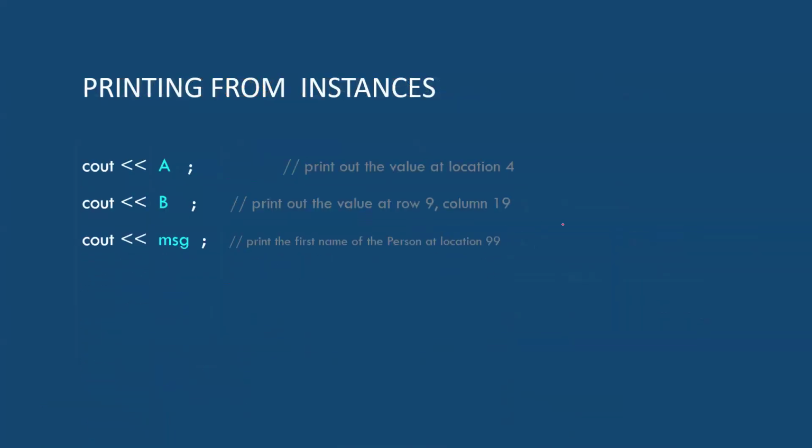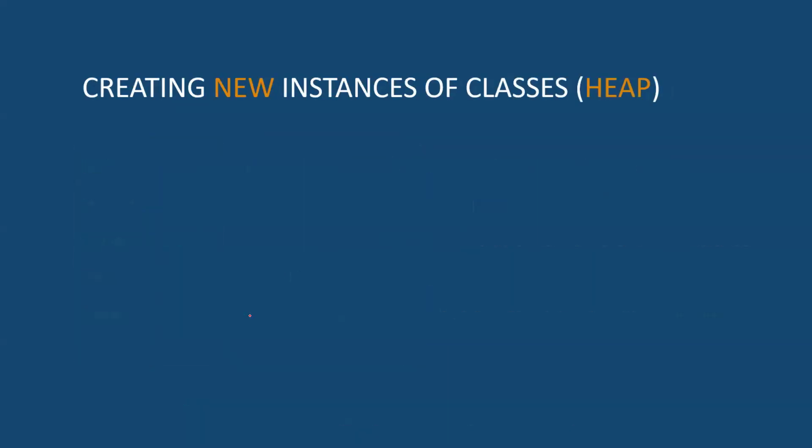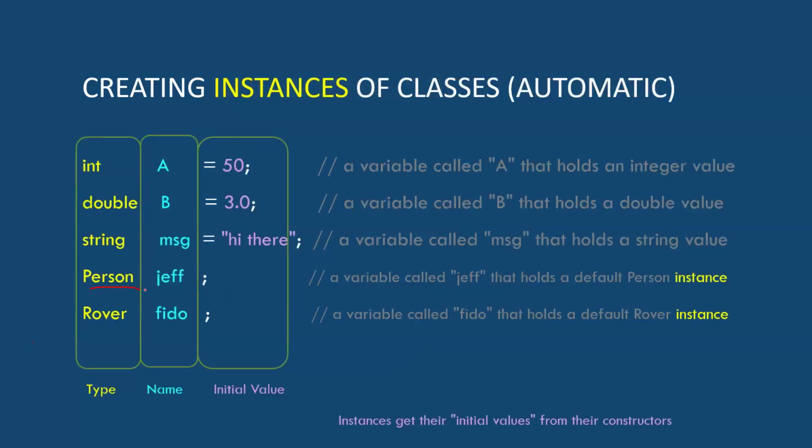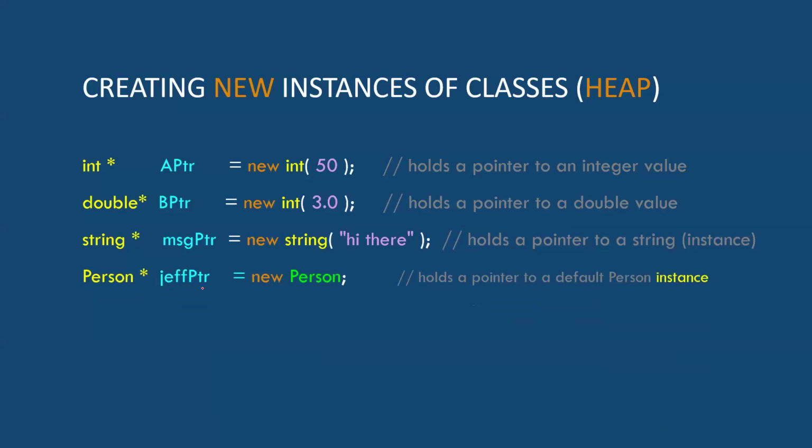So if we wanted to use something that's object oriented, we can reach in the box using the dot, rather. Okay. So Jeff, in this case, let's go back to Jeff on the previous slide. Jeff is a person. Jeff is not a pointer to a person, right? This is different.